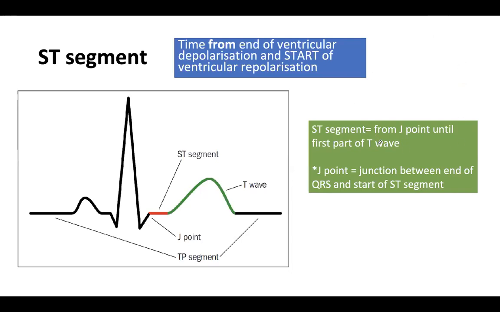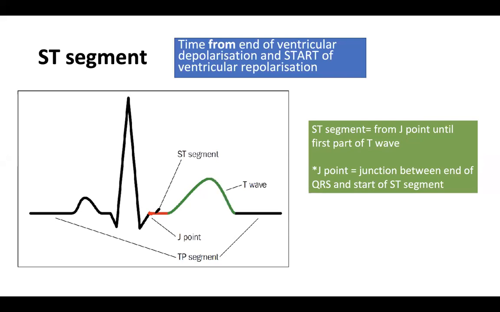Like I mentioned earlier about the J point, the J point is the junction between the end of the QRS complex and the start of the ST segment. So this is the J point here.